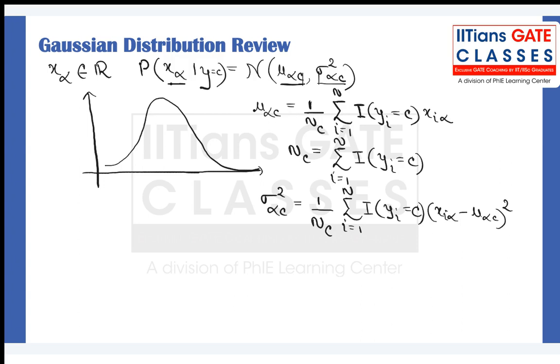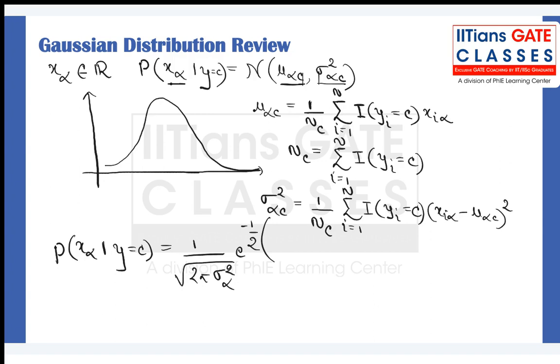This is just the standard formula for the Gaussian distribution, and the probability density function for x alpha given y equal to c is nothing but 1 by root over 2 pi sigma alpha square, e to the power minus 1 by 2 times x minus mu alpha c divided by sigma, whole square. Correct? This is the probability density function for the normal distribution that we assumed.